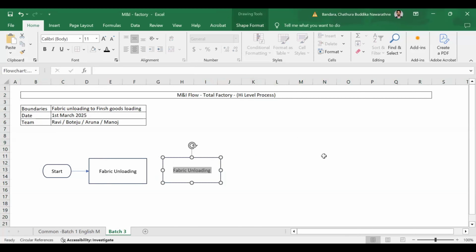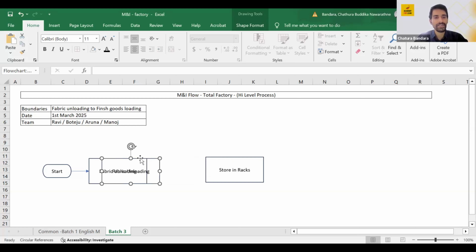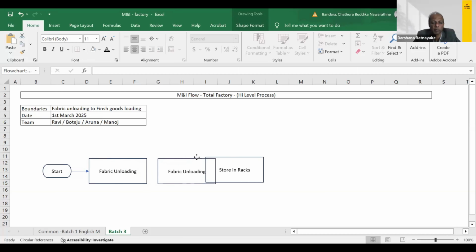We store in a rack? Yeah, fabric racks. Okay. Before that we keep it on the pallet, then send it to the stores, stacking area. Right. So Chatura will draw it based on your input. You can put the pallet, then go to the racks. Okay, so we'll go with that. Yeah, high level we'll draw it, then we will go a little bit deeper later.